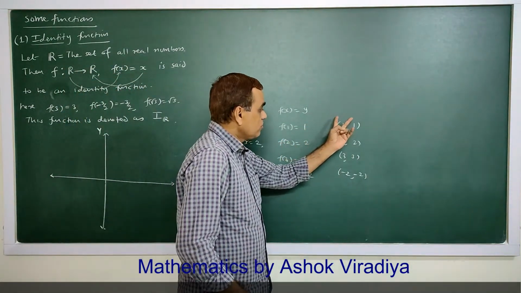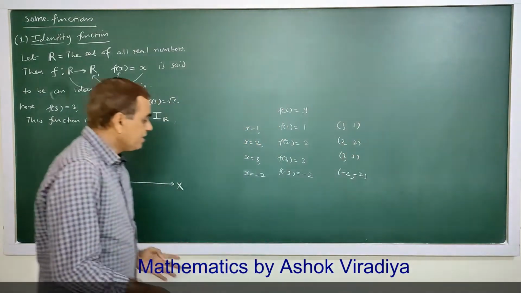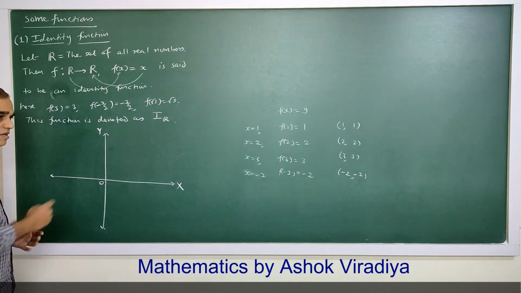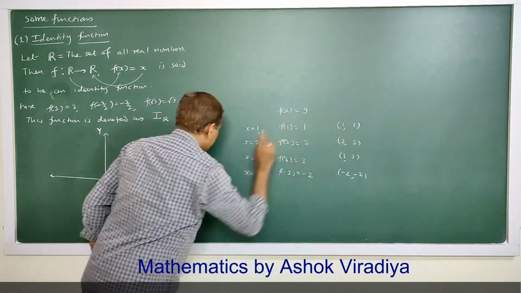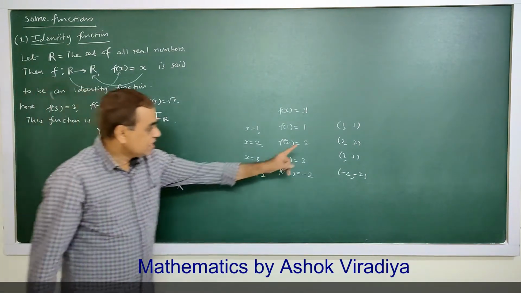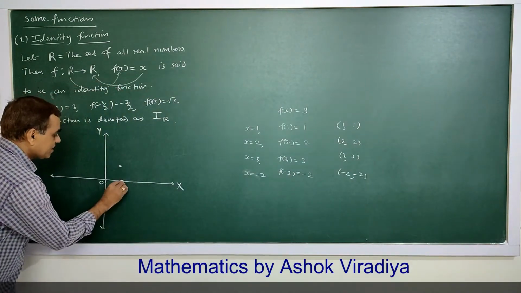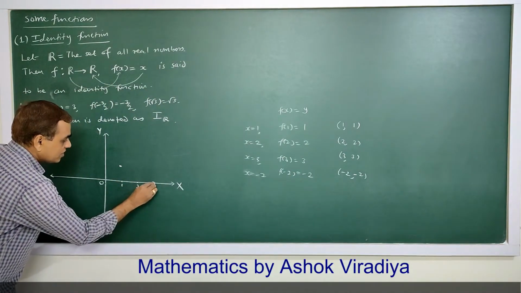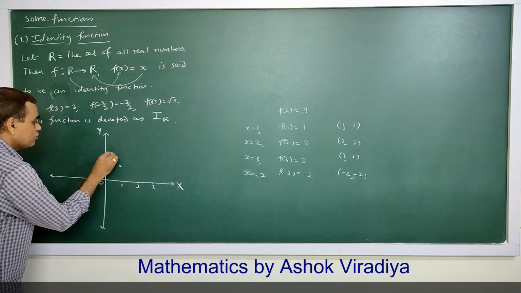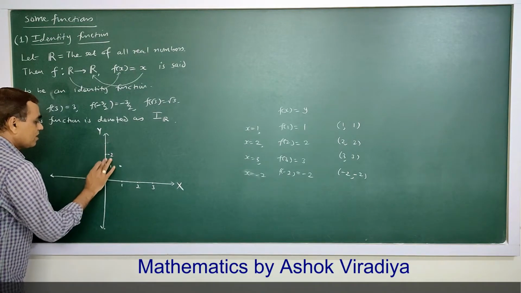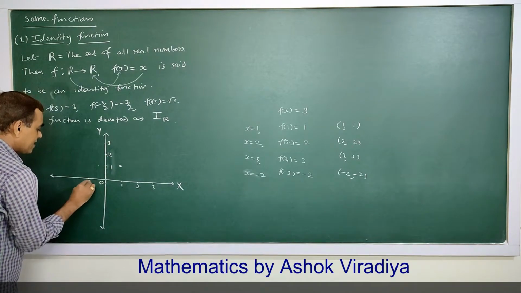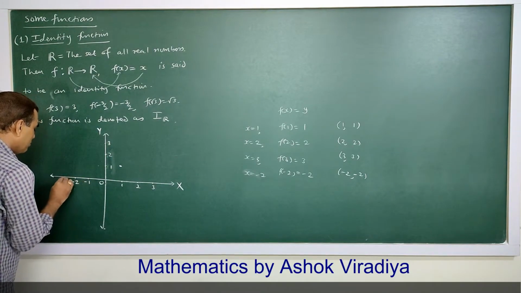Now these points we are representing on this graph. The image of 1 is 1, so (1, 1) is a point on this graph. Say this is 1, this is 2, this is 3. Here it is minus 1, minus 2, plus 1, plus 2, plus 3. This side x values minus 1, minus 2, minus 3.